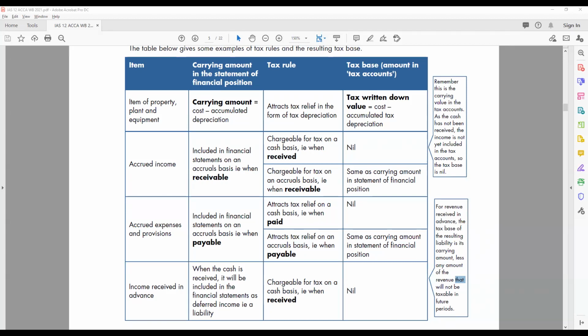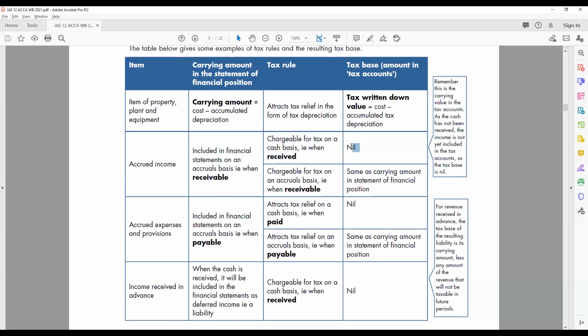Here, the tax base. See the tax base, accrued income, no? It is receivable on accrual basis, but in the tax rule, it can be recognized only once they receive cash.